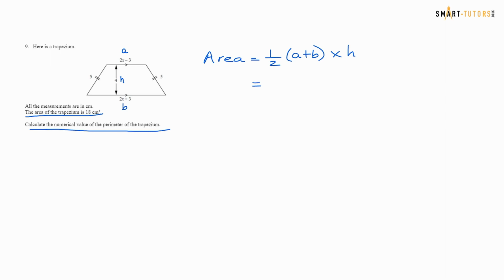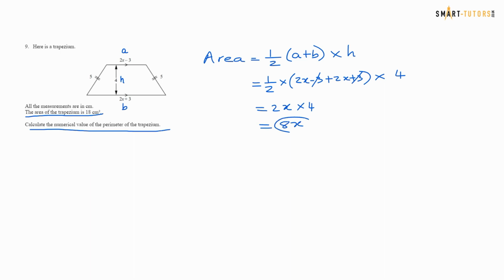So let's do the equation. Half times 2x minus 3, 2x plus 3, times 4. Minus 3 plus 3 cancel. So 2x plus 2x is 4x. Half of 4x is 2x. 2x times 4 is 8x.